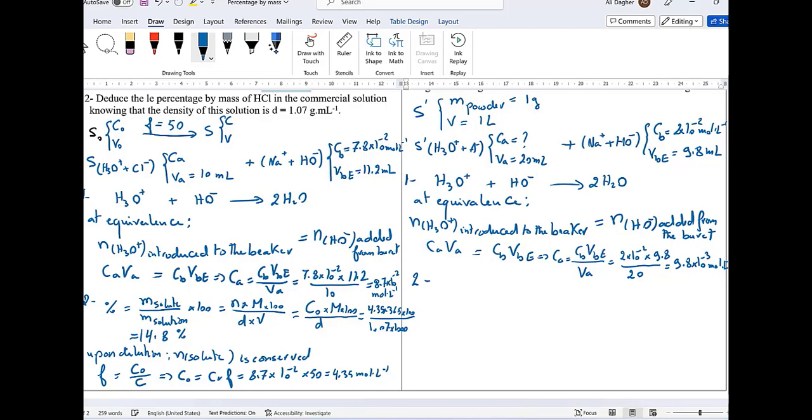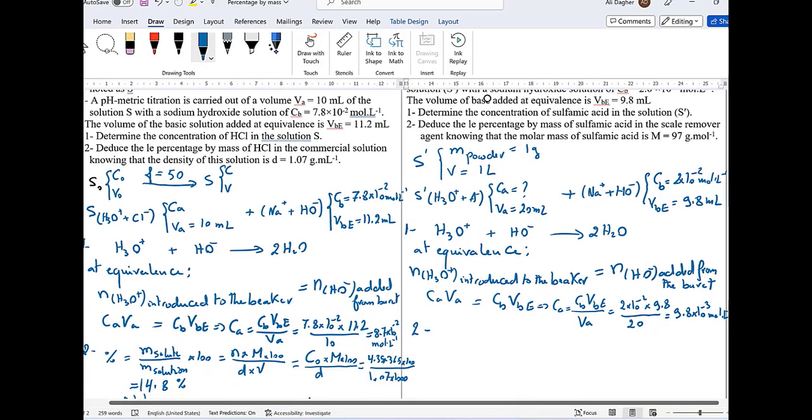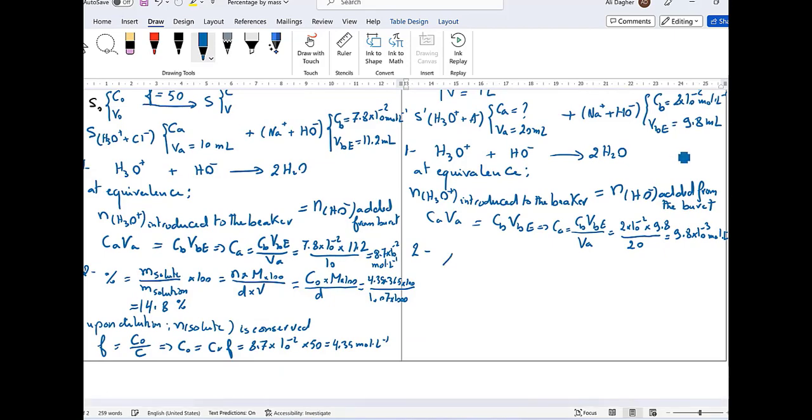To deduce the percentage by mass of sulfamic acid in the scale remover agent, knowing that the molar mass of sulfamic acid is 97 grams per mole. Now, in this case, the percentage by mass of sulfamic acid equal the mass of the sulfamic acid over the mass of the powder times 100.